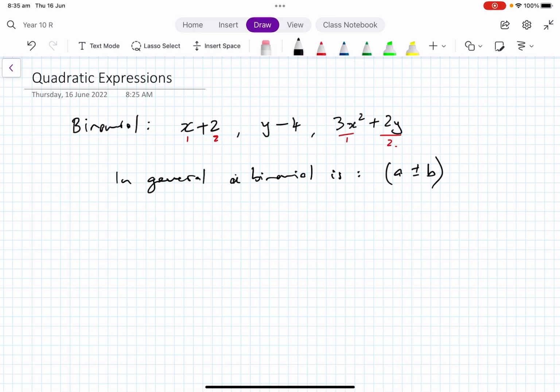So a quadratic expression is a special term for an expression with an x squared term.